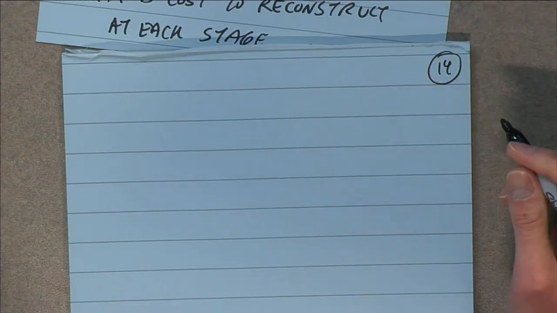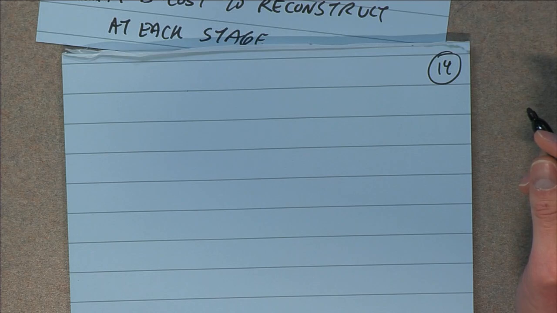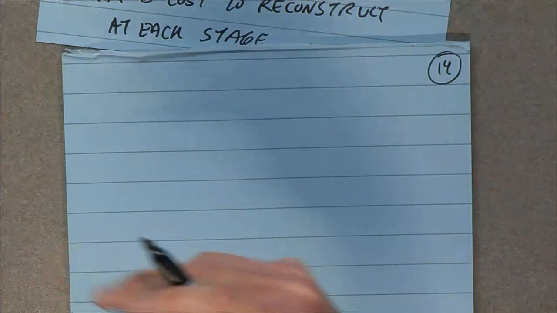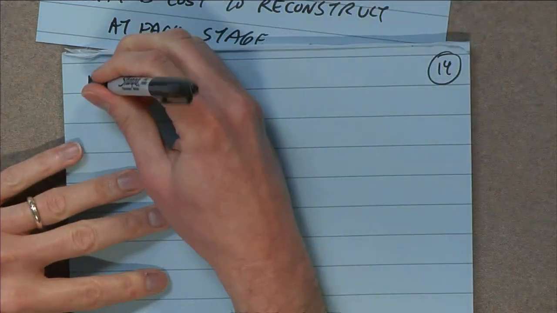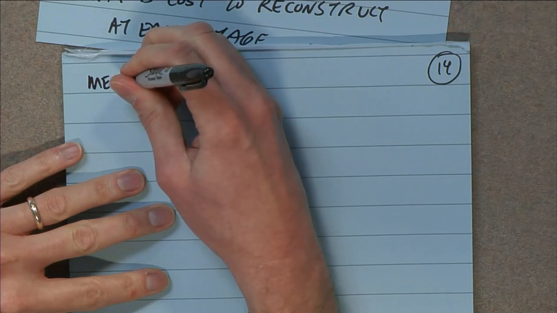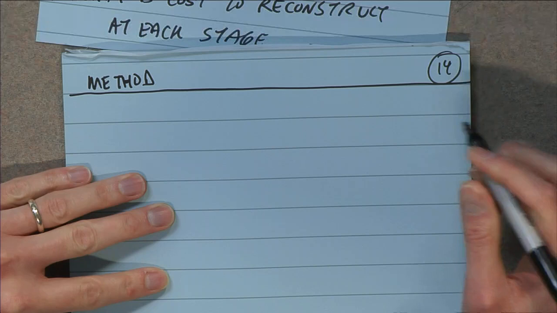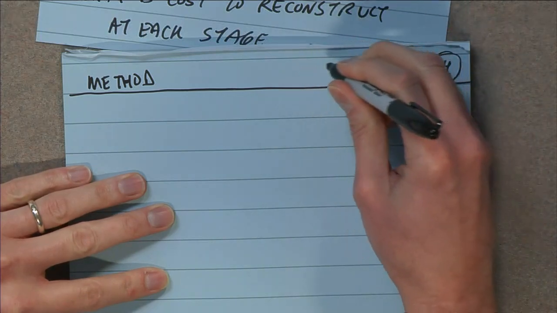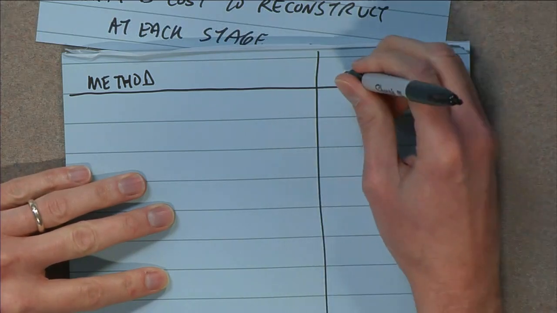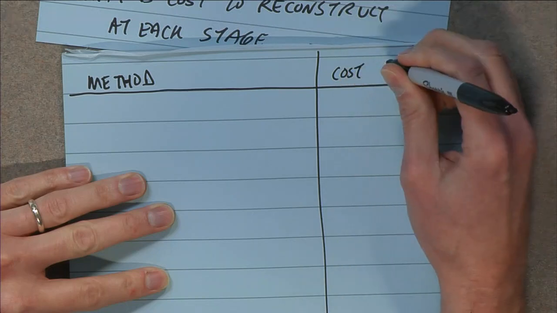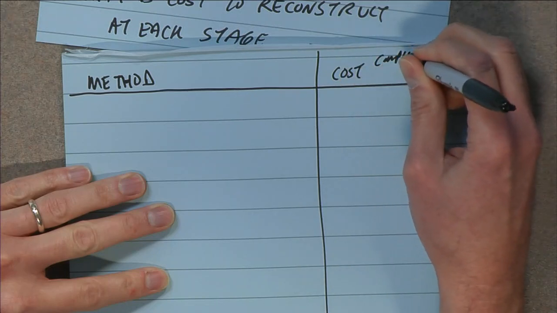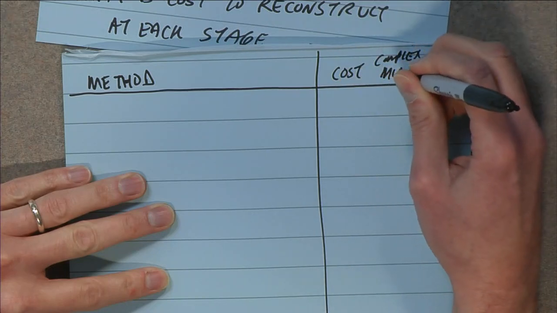And we're going to just go through and see the cost of doing each reconstruction. And so we'll make a little table with the method on one side and the cost on the other. And the cost is, of course, in the units of complex multiplies.